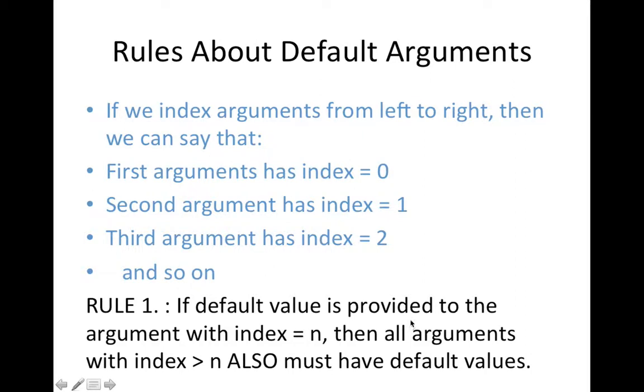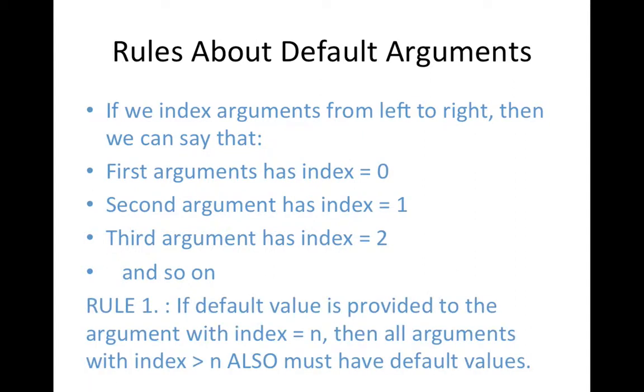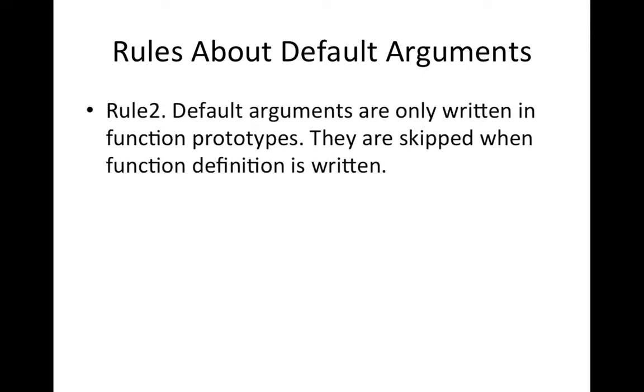If a default value is provided to the argument with index n, then all arguments with index greater than n should also have default values. There is a rule number 2. Default arguments are only written in the function prototype, if you use the prototype, of course. If you use the prototype, then they are skipped when the function definition is written.